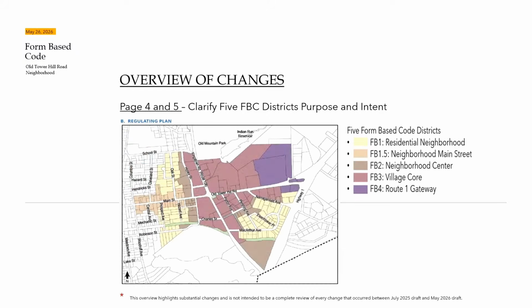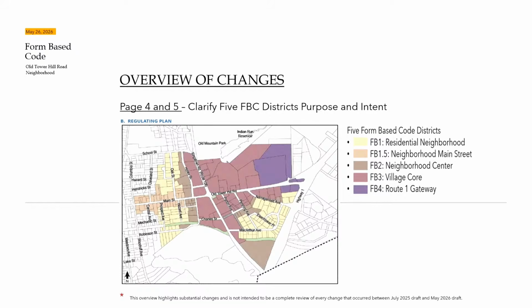So in essence, the transects look like this. The light yellow is FB1. The darker tan between yellow and brown is the FB1.5 neighborhood that, again, is associated with Main Street, pretty much from Stedman's up to the Citizens Bank property. FB2 is in brown, primarily Holly Street.